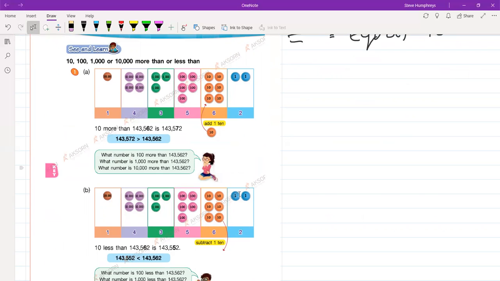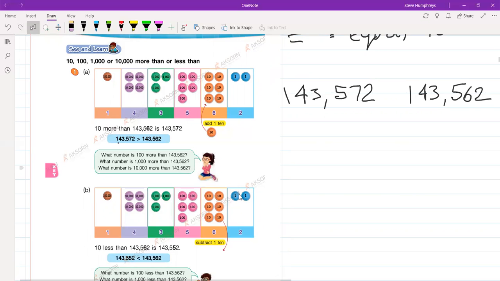Page 16. 10, 100, 1,000, or 10,000 more than or less than. Okay, so we'll go quite quickly. 143,572, and you're comparing it with 143,562.